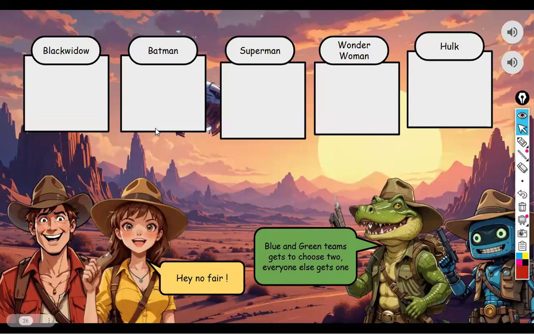Everybody else, the yellow and red, you only get to choose 1 superhero. And let's see how many gems you get. Once again, blue and green, 2 superheroes, and everyone else, 1. And then after, give me a count of how many gems you have in total. And don't forget, for those who have no idea about the slides and where to get it, I will show you after class.